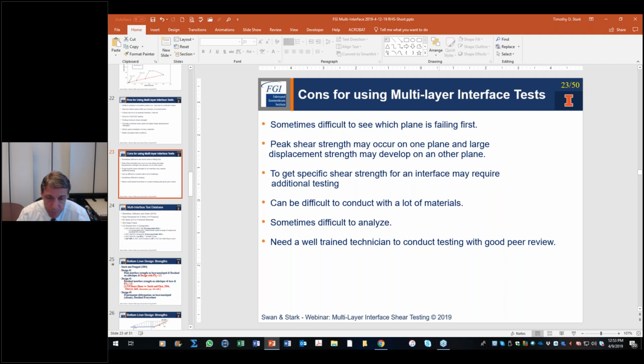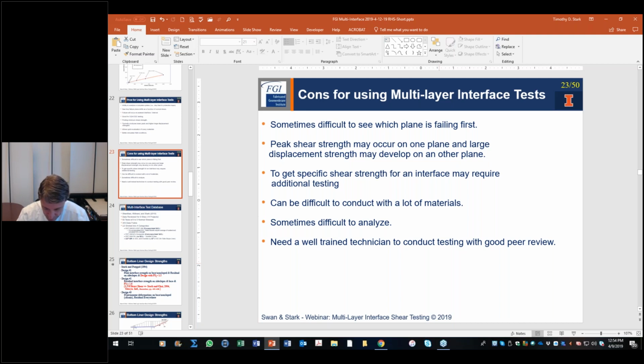And then the last question for you, Rob, is from Riva Norje, and they ask, has a failure between the components of the DSGC occurred in multiple interface tests? Yes, it can. You can have an internal failure within the geocomposite, just like you could in a single interface.